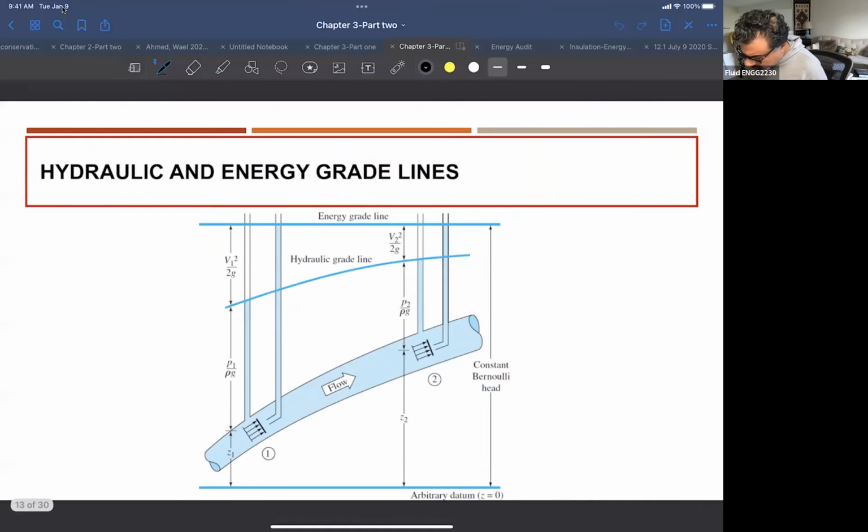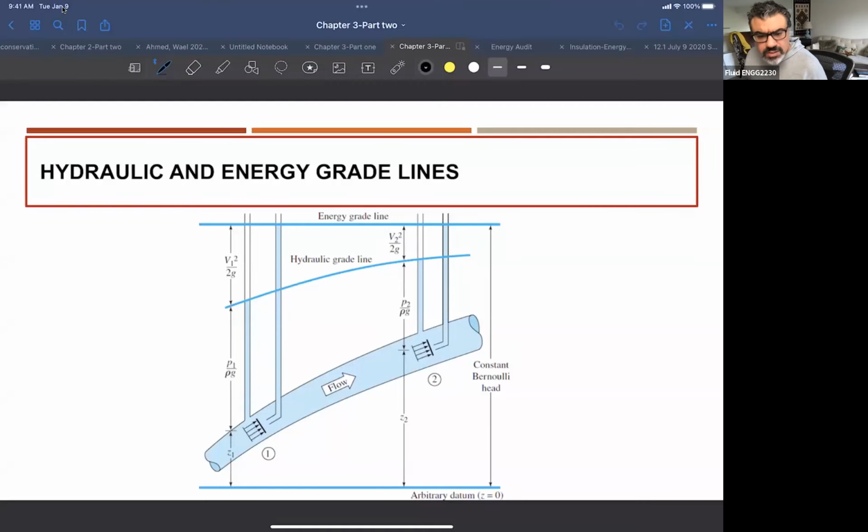And we stopped at these slides, which talk about something called the hydraulic and energy grade line. The hydraulic and energy grade line are extremely important to lots of engineers who are designing pipelines and systems that transport fluid along a long path of pipeline.